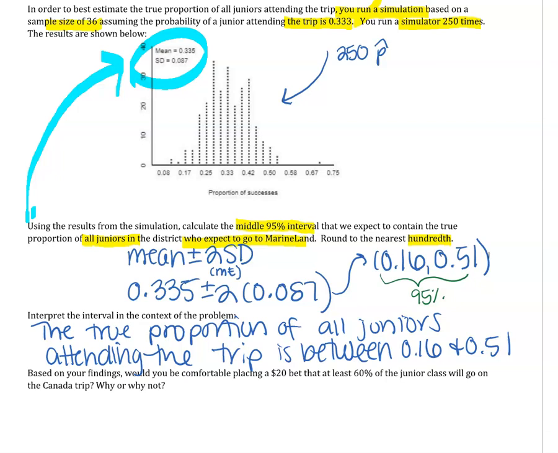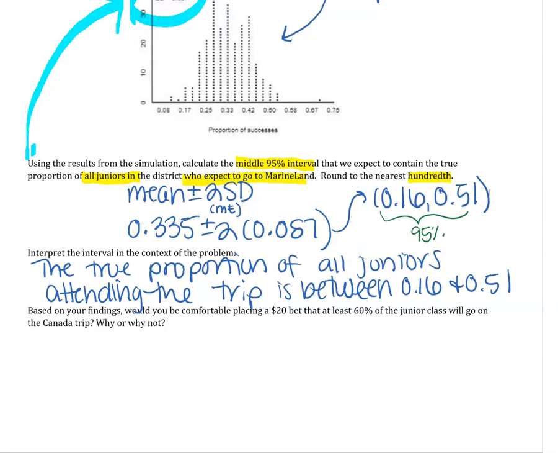So based on our findings, would you be comfortable placing a $20 bet that at least 60% of juniors will go on the Canada trip? Why or why not? Well, again, 60% would be somewhere outside of the interval. It's possible it could happen, but it's not very likely. So I wouldn't bet on it.